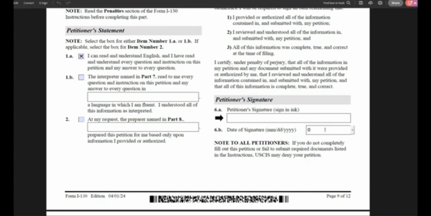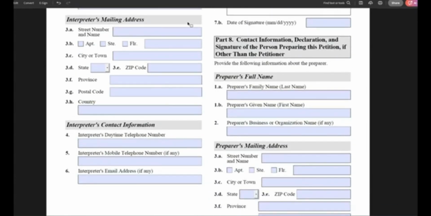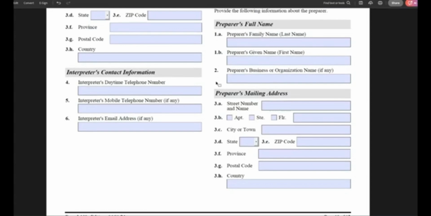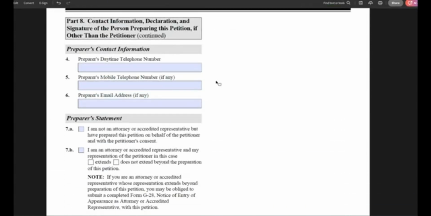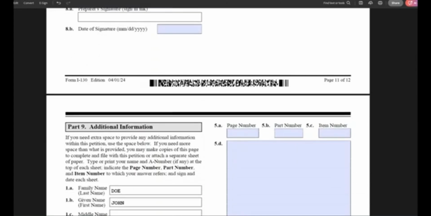So you can type in the date, but you must use ink, which means a black pen, to sign this petition if you're filing it by mail. And because we did not use an interpreter or preparer, we're simply going to leave these sections blank. USCIS accepts blanks. You totally don't have to write NA in every line.